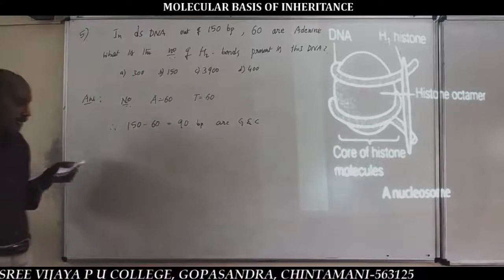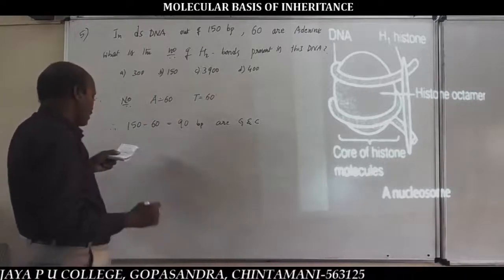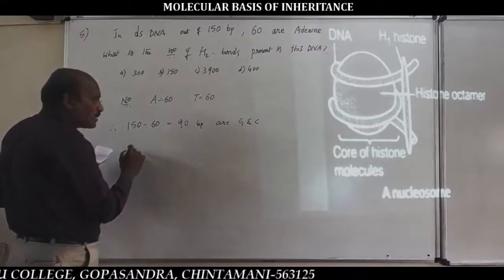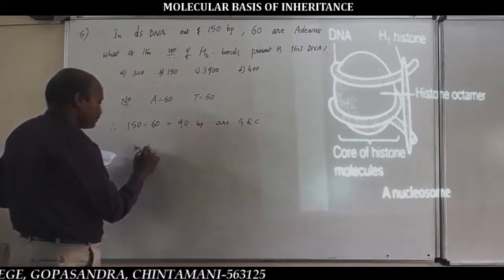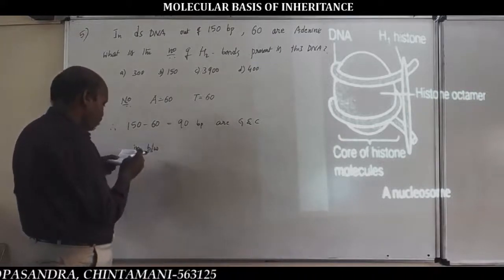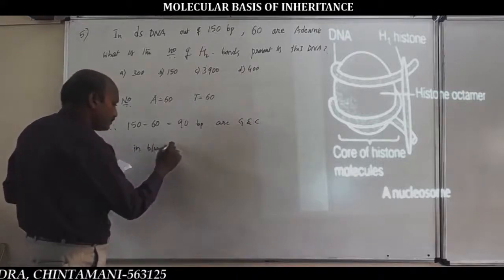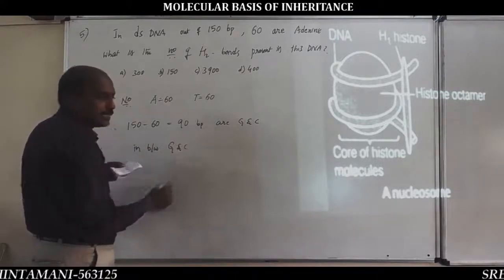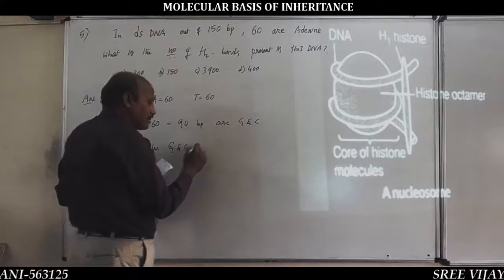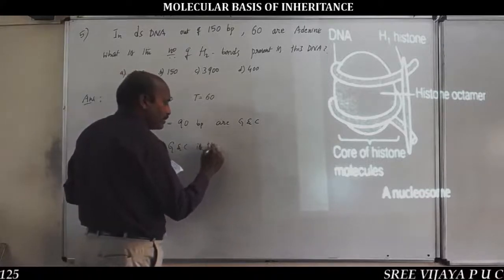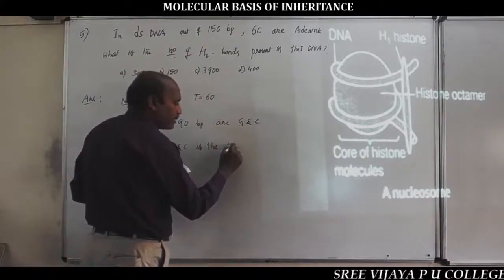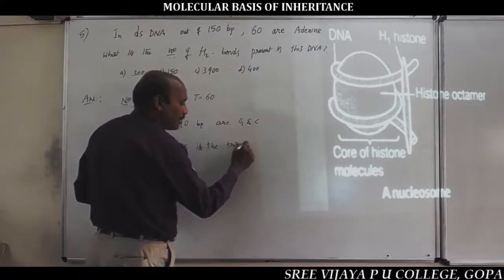Between guanine and cytosine, G and C, is the triple bond.